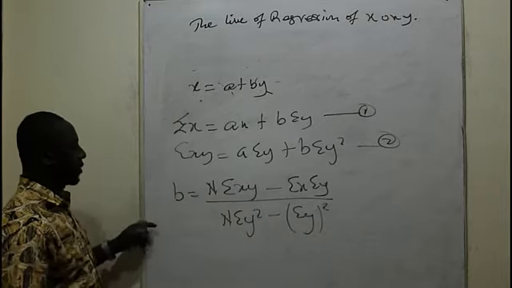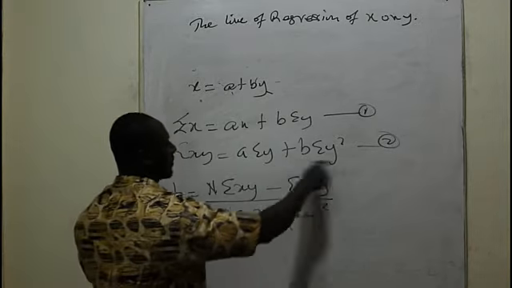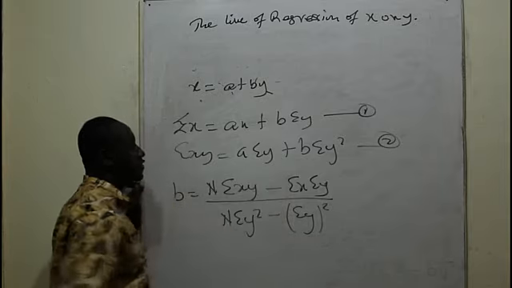Now how did we get this? We did this by getting a from equation 2, and getting b from equation 2.